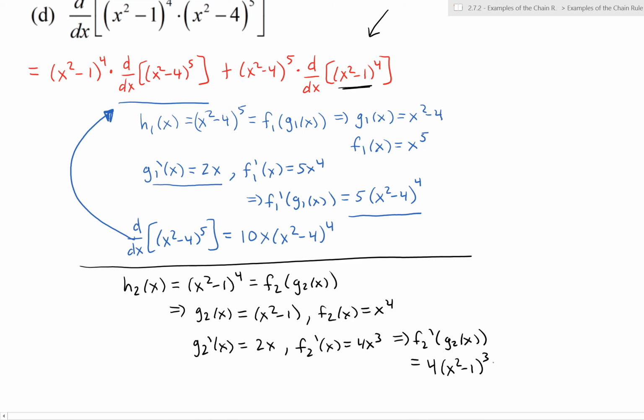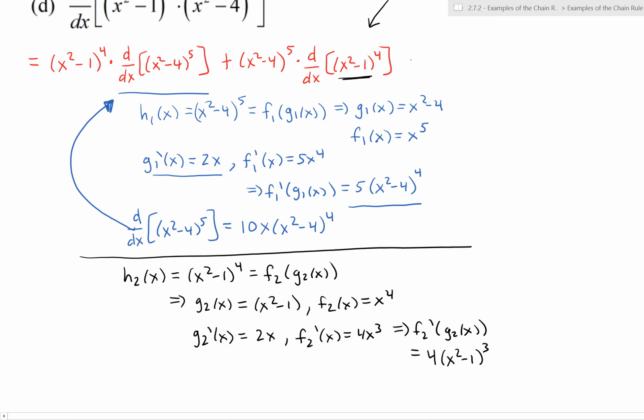And so that derivative right there is going to be equal to g2 prime, 2x, times f2 prime of g2, 4 times x squared minus 1 cubed, which gives me an 8x, right, 4 times 2x, times an x squared minus 1 quantity cubed.